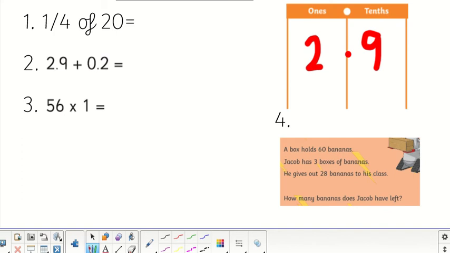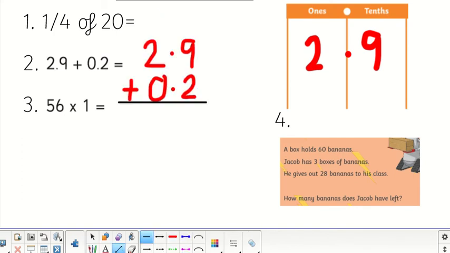So we're going to use our column method to help us here. I'm going to draw it out for you now. Here we go. It's the same as any addition using the column method. This time we just have the decimal point. Now we know that we carry or exchange whenever one column has 10 or more in it, well, 9 or more.